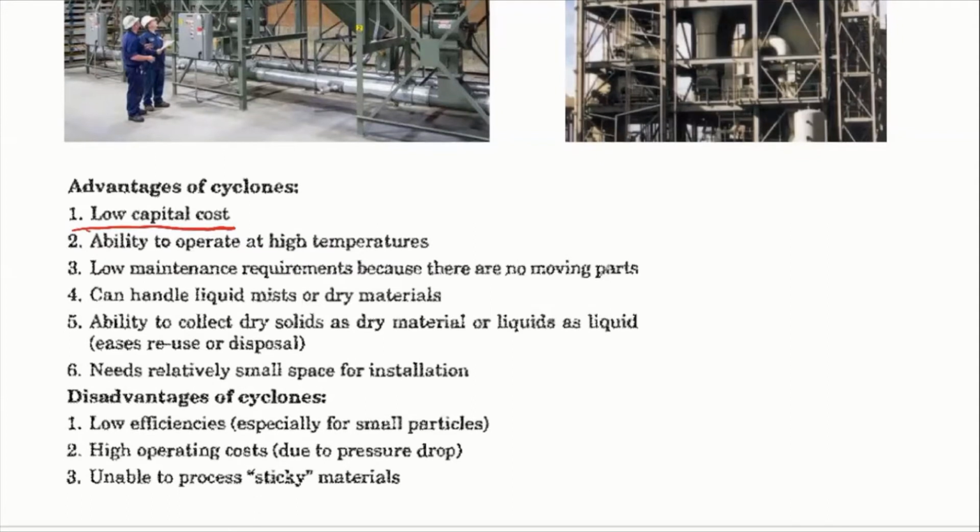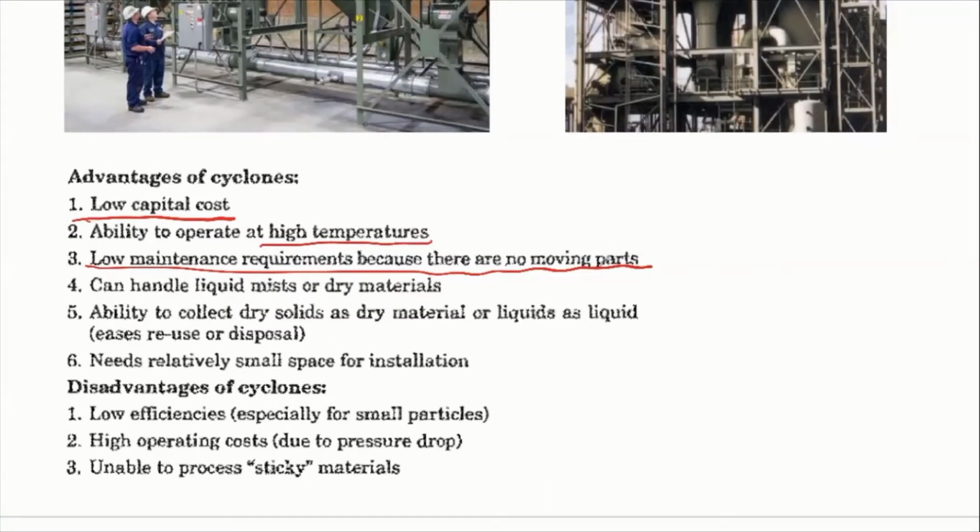It can operate at high temperatures because the case is made of metal, so it can withstand high temperatures. It has low maintenance because there are no moving parts. We don't need to disassemble it or replace parts inside, because basically there are no parts inside, right? It can handle liquid mist or dry materials, right?